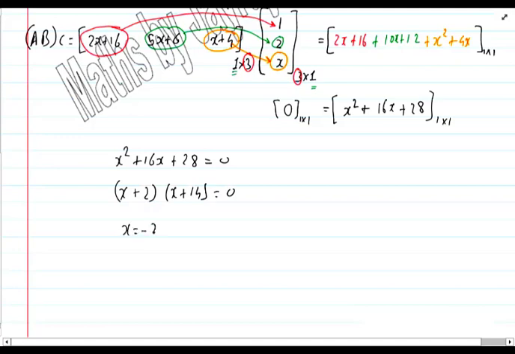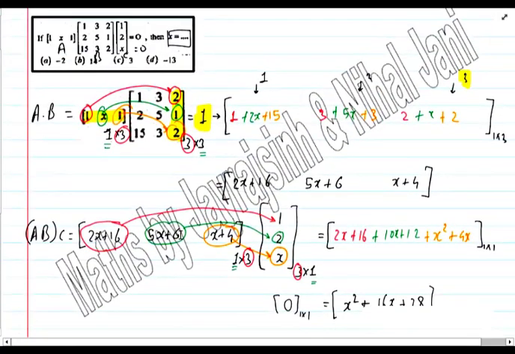So x is equal to minus 2 or x is equal to minus 14 are the possible answers of the x. Let's select from the option. So yes, option A is minus 2, which is the correct option. Ta-da!